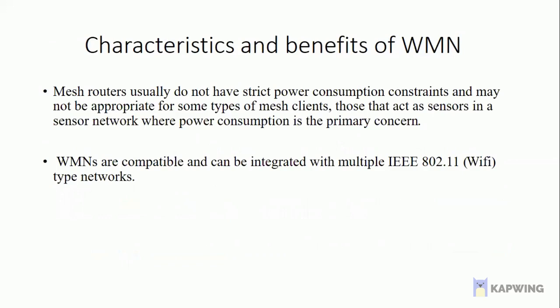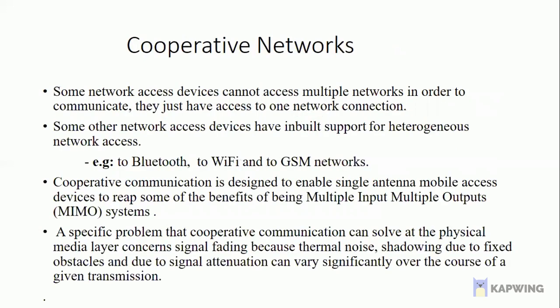Mesh routers usually do not have strict power consumption constraints, which may not be appropriate for some types of mesh clients, those that act as sensors in sensor networks where power consumption is a primary concern. Wireless mesh networks are compatible and can be integrated with multiple IEEE 802.11 Wi-Fi types of networks.